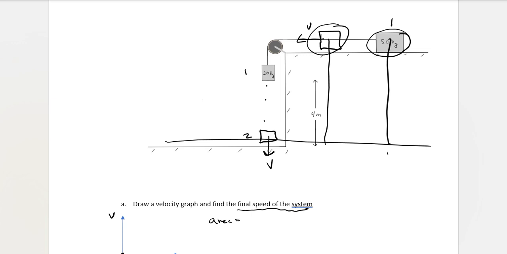So there's no change in potential energy for this part of the system, so you don't even need to worry about it. All right. Now your KE2 term, this object has a kinetic energy of 1/2 mv squared. This object has a kinetic energy of 1/2 mv squared. All right, and you need to have both of them because we're defining our system as both of these together. Okay, under the work term.